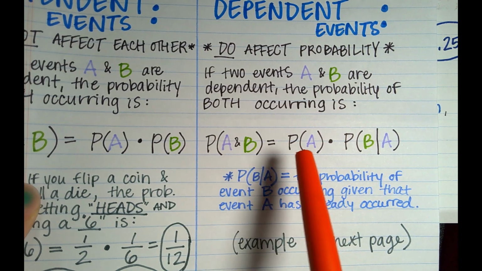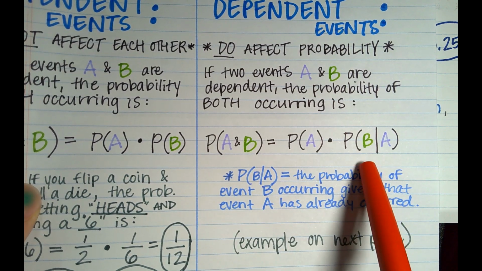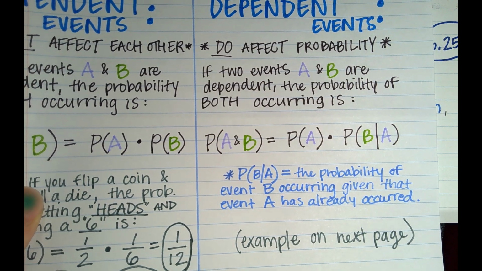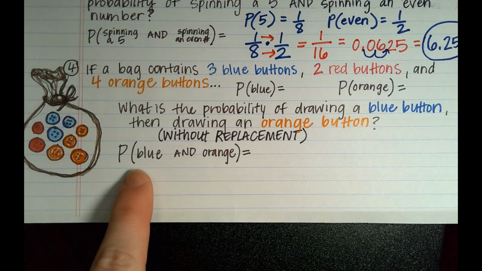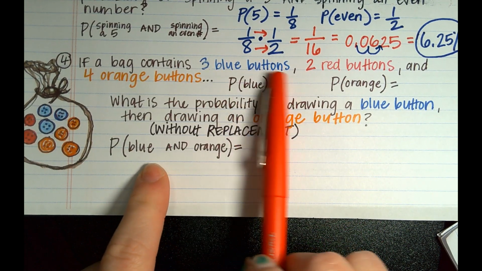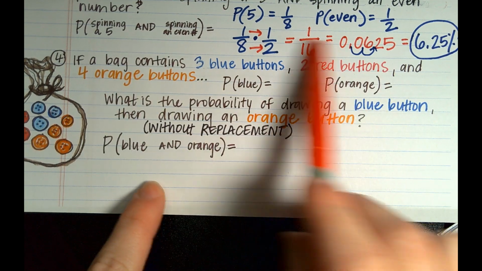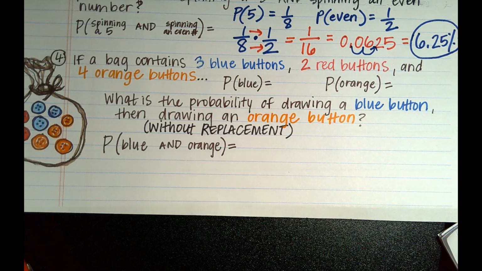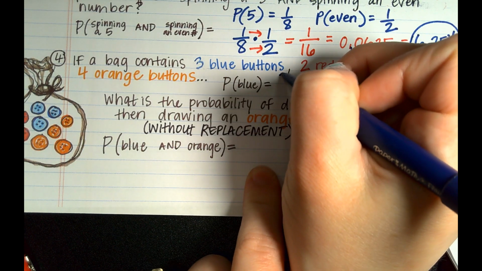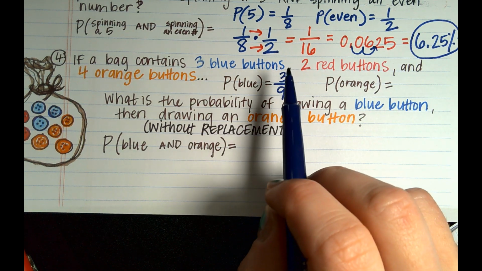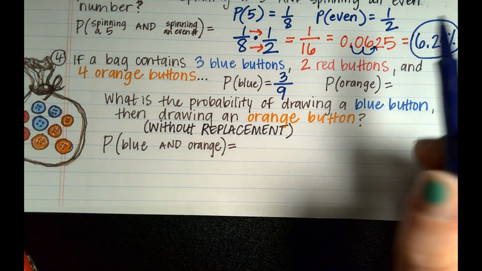Because they are dependent, whenever we find that second probability, we'll need to think about how it affects the overall number of choices that we have. So let's start here. If I have 3 blue buttons, and how many do I have total? 9. How would I write my probability of a blue button? Yes, 3 out of 9. There's 3 blue, 9 total. 3 out of 9.